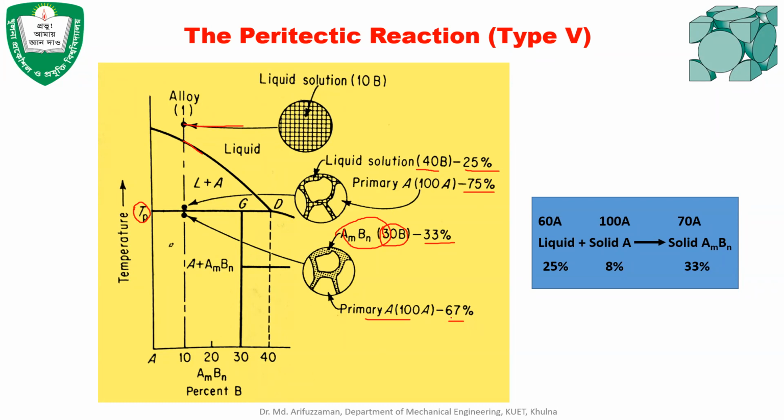That means there is 8% A, the 8% solid A reacted with the 25% liquid solution of 40B and then produced 33% AMBN, which is a compound. And that proportion, 33% AMBN and 67% A, will remain up to room temperature.